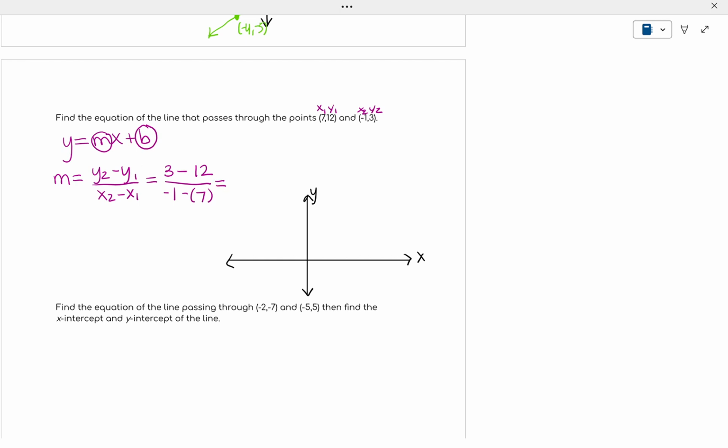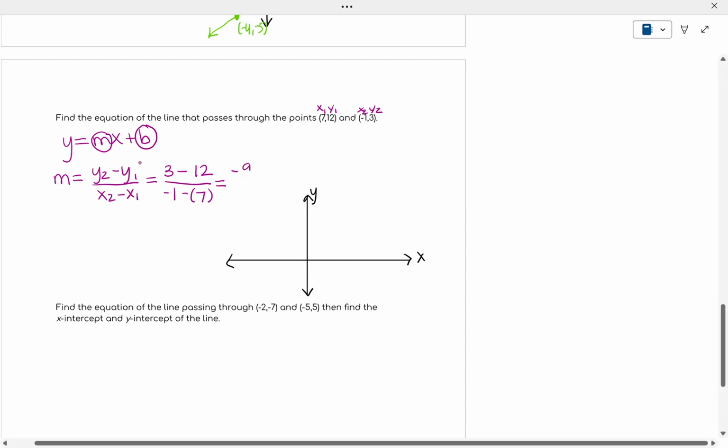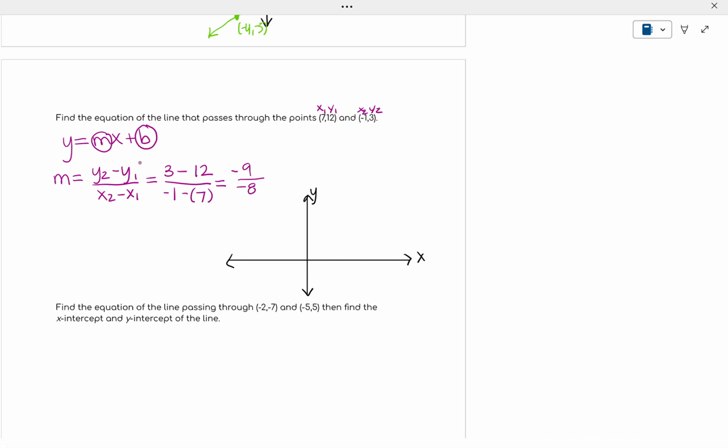This becomes 3 minus 12 is negative 9, and negative 1 minus 7 is negative 8. And a negative over a negative becomes a positive, so this is just 9 over 8.